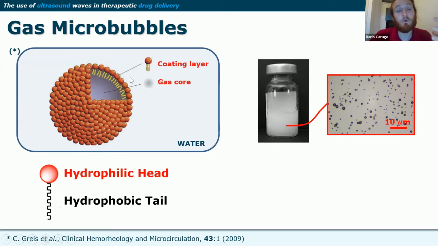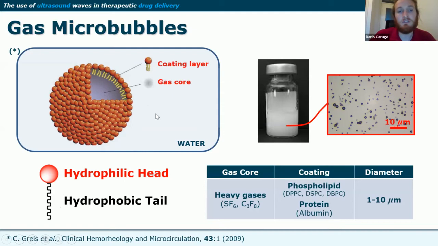The coating layer provides stability to the microbubbles. It prevents, or reduces, the rate of diffusion of gas from within the bubble into the outer medium. The core itself is typically made of heavy gases, so they present relatively slow diffusion into the outer medium.